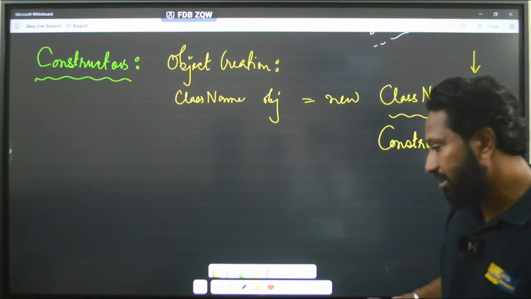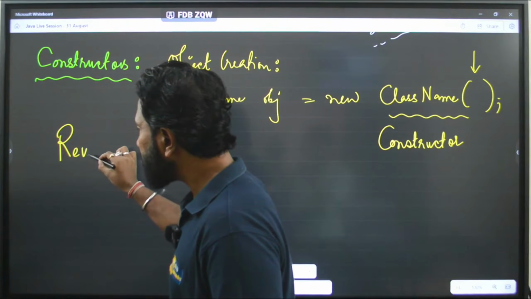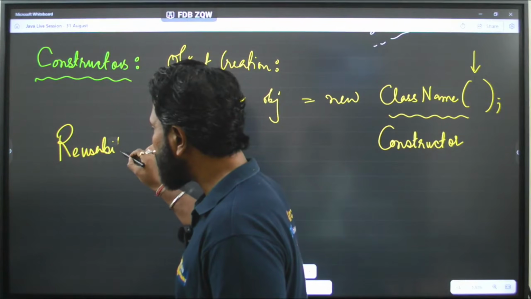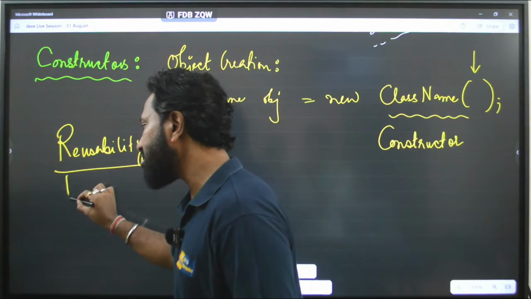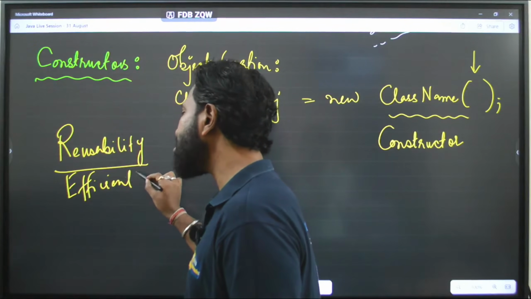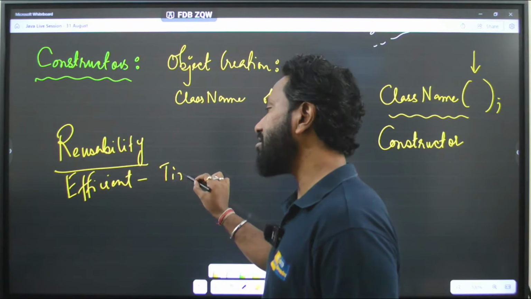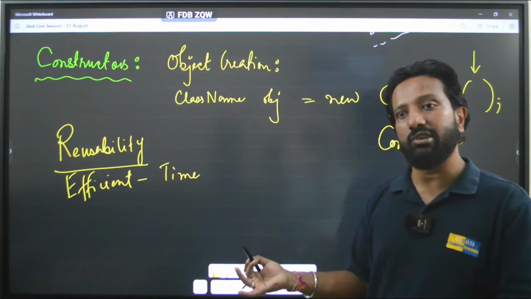What was the benefit? The benefit was reusability. After that, what did you understand? It is efficient because it saves a lot of time. Got it? So, that is why it is very, very important to understand this.